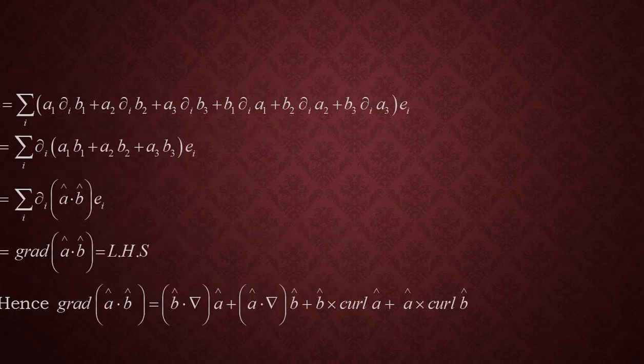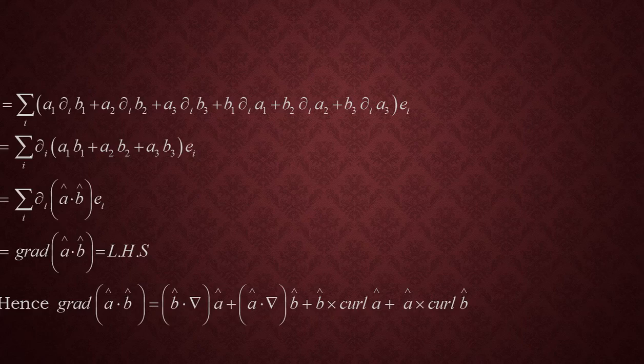Here, if we take the last two terms, a cross curl b and b cross curl a, we have found their ith terms C_i and D_i.